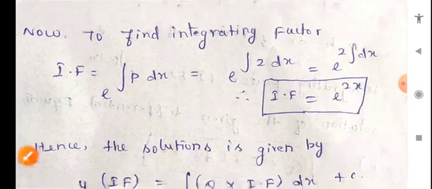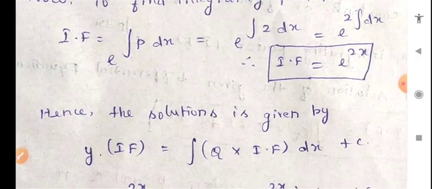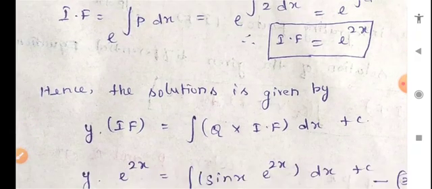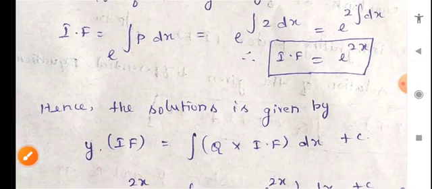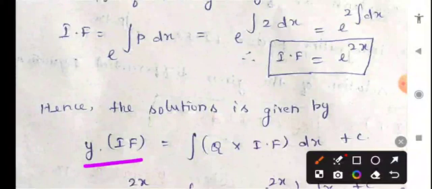The next one is, after finding the integrating factor, you have to find the solution of the given differential equation. What is the form? It is y into integrating factor is equal to integral over q into integrating factor dx plus c.